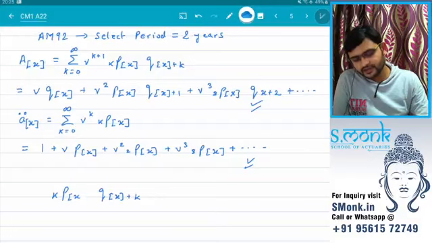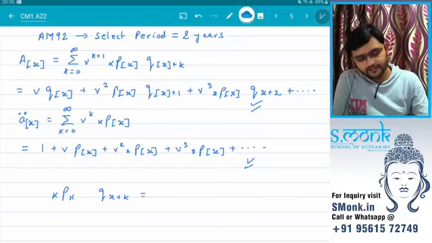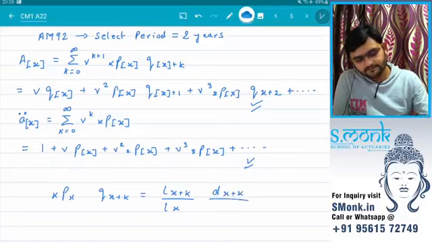If I just forget about select, if I just write kpx and qx plus k, in terms of l will be l x plus k upon lx, and I will have d x plus k upon lx plus k. So lx plus k gets cancelled out and I will have d x plus k upon lx.